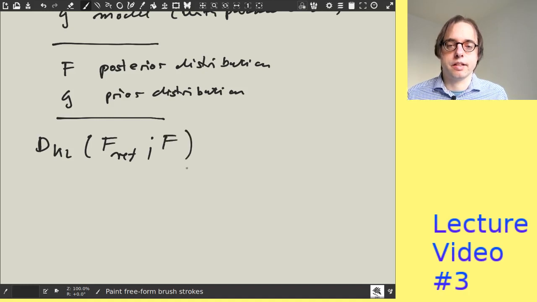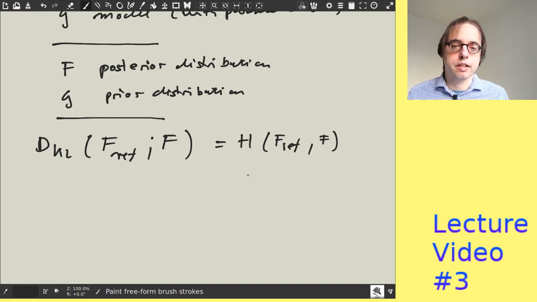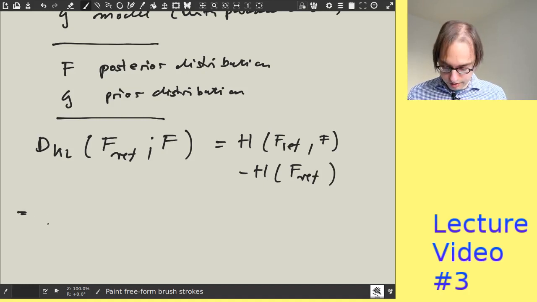Then the Kullback-Leibler divergence between those two is simply the cross entropy between f ref and f minus the entropy of the reference distribution. And that is the following. It's something that's very often used actually.